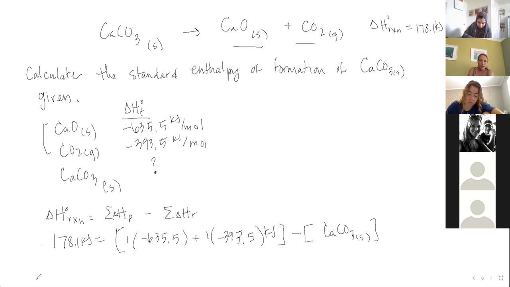So then moving the negative to the other side, this is negative 1207 kilojoules per mole is equal to the enthalpy of formation of calcium carbonate solid.